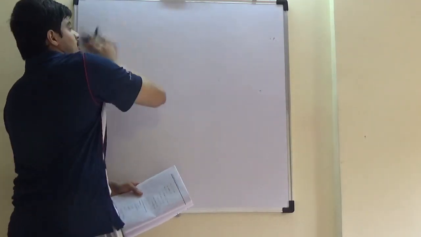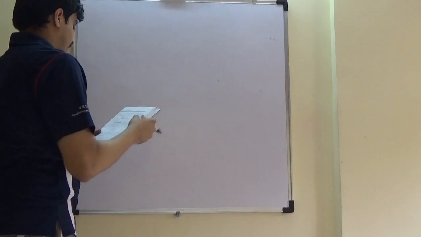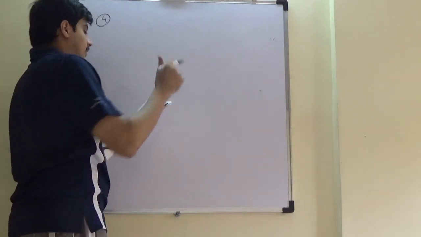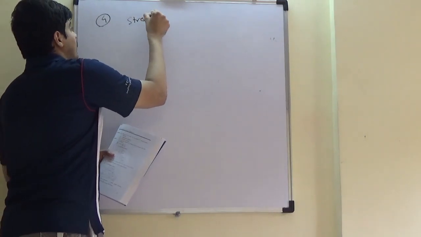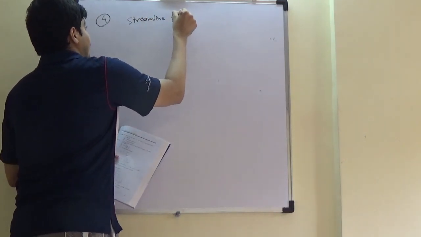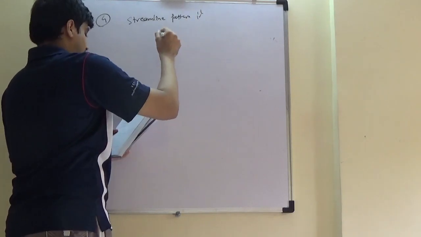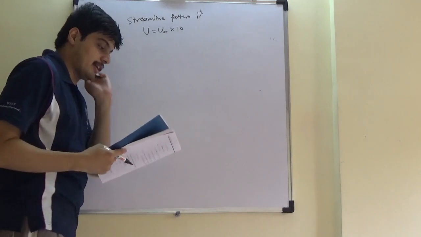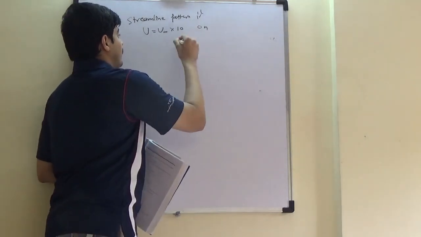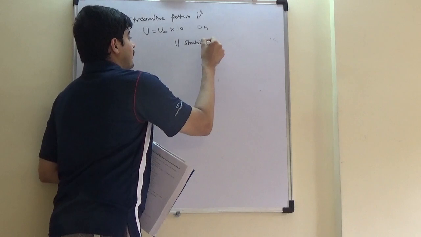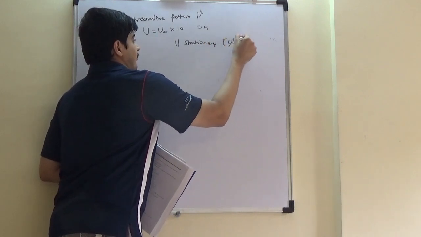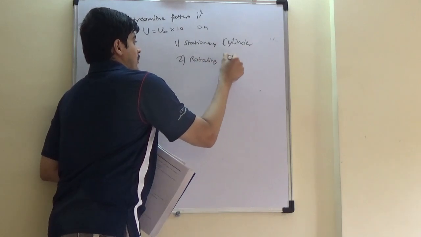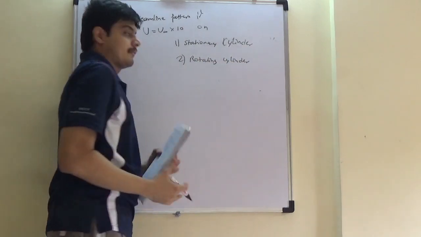we should go to the next question, which is question number 4. What will be the effect on the streamline pattern if u is equal to u infinity into 10, so 10 times u infinity, on a stationary cylinder and a rotating cylinder.